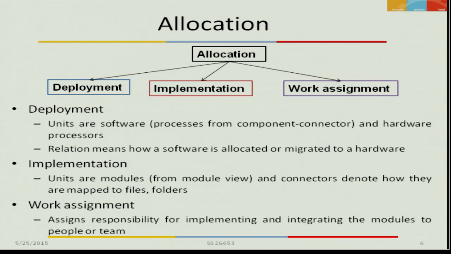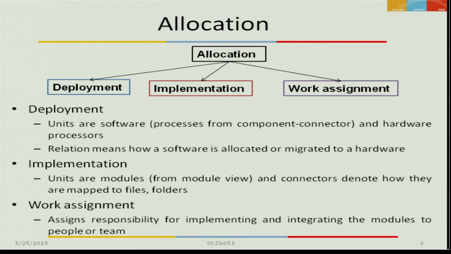So if you look at implementation and work assignment, you'll realize how architecture is describing the translation of the architectural description to design. Earlier I said that there are stakeholders, developers, teams and team leads, who are going to use architecture, and they are going to ask how they are going to implement it.